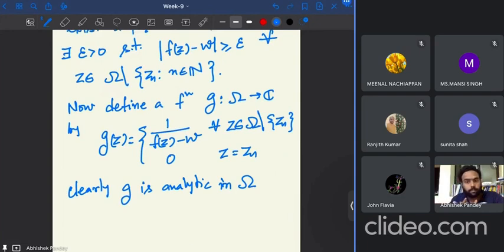Any idea? So what would be the limit as z tends to any point of this Zn? Let us say z2.